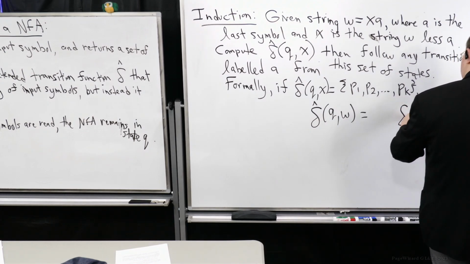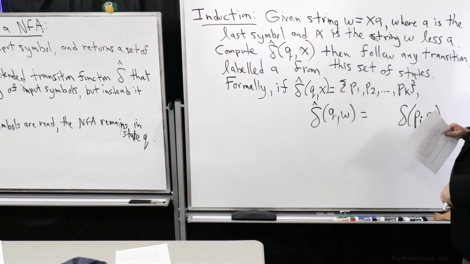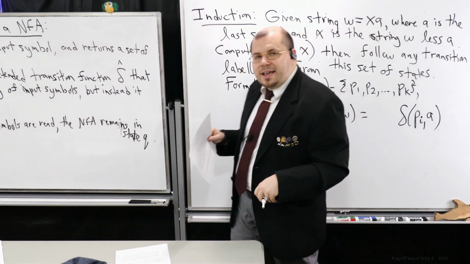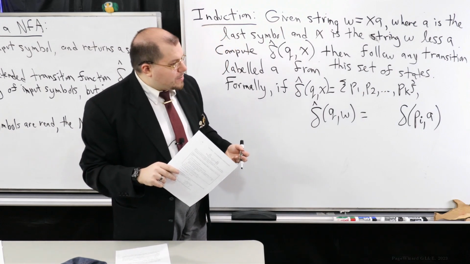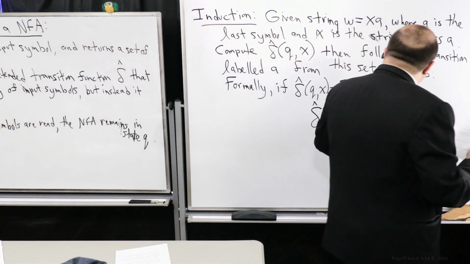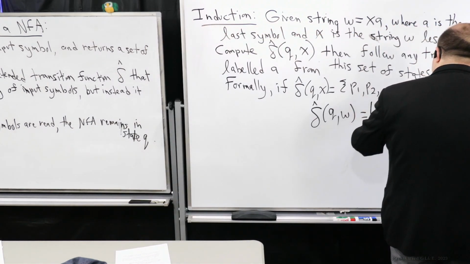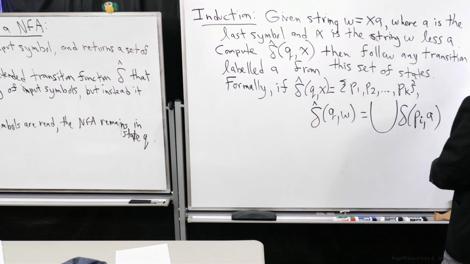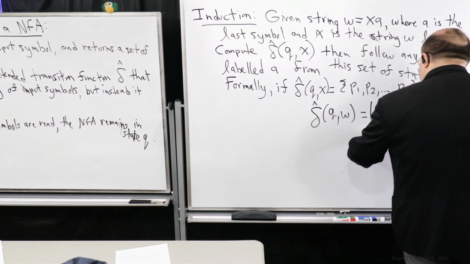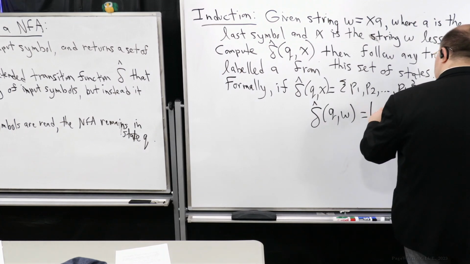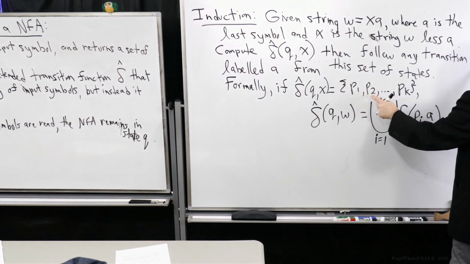So for each one of these, you would perform the transition function on that state given the symbol a, and you're going to do it over all of these. And you're going to put them all into the same bucket together without the duplicates. So you go over all of these states, one after the other.